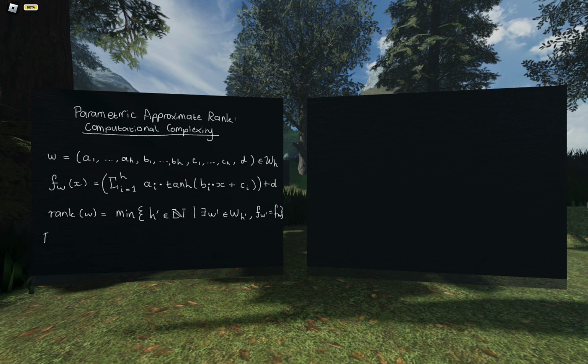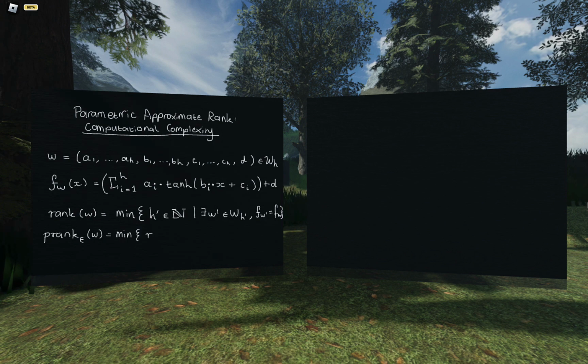That's the situation that we capture in this definition of parametric approximate rank, which is abbreviated as P rank or prank. There's going to be a tolerance parameter, epsilon, which is just a positive scalar, and the parametric approximate rank is: you look in a neighborhood of the parameter and you find the rank of the minimum rank parameter in that neighborhood.